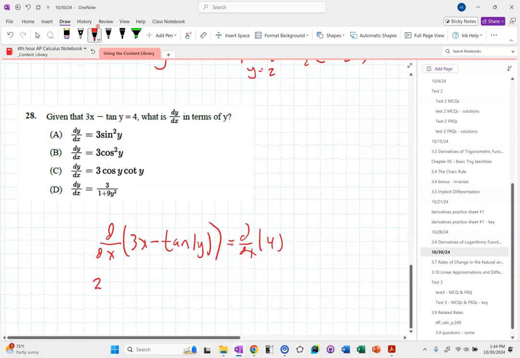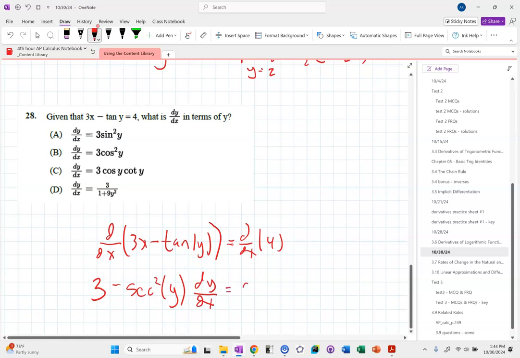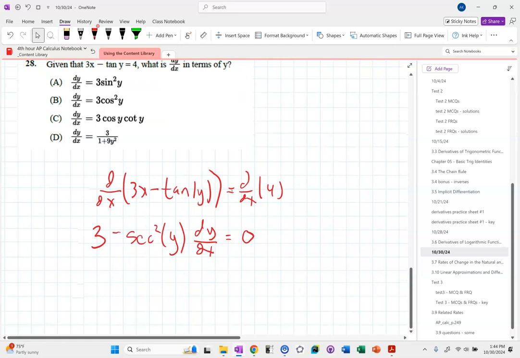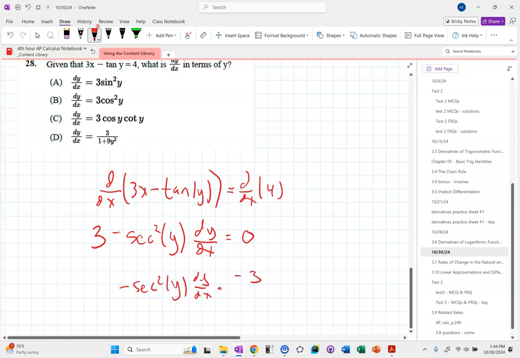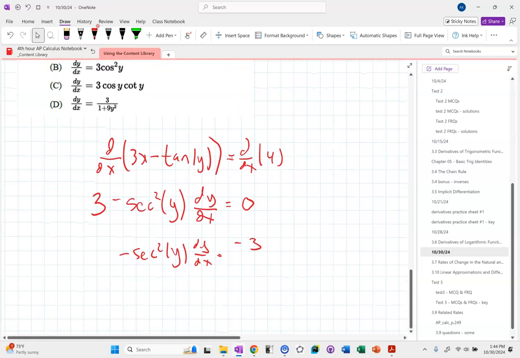The derivative of 3x is 3. The derivative of tangent is secant squared. And then, since there's a y, I get a dy dx. That's going to equal 0. So I'll subtract the 3 over, getting the dy dx by itself. And then divide by negative secant y.